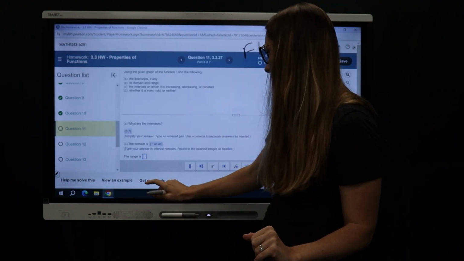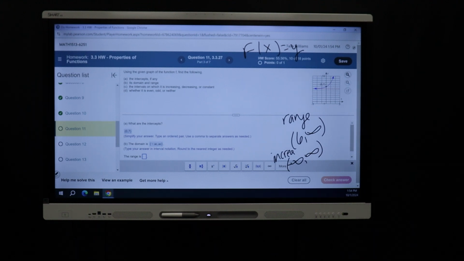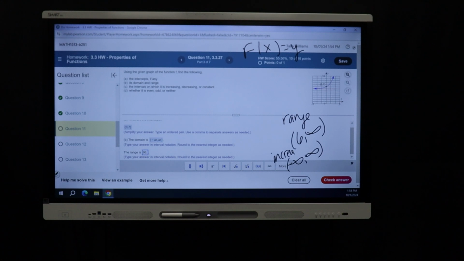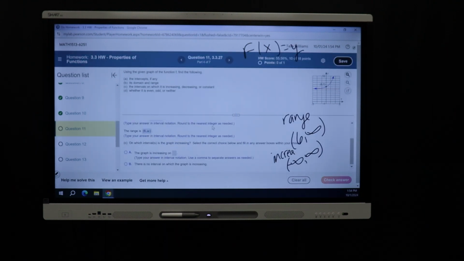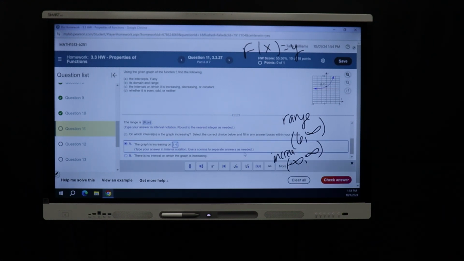Okay, so let's go ahead and do this. The range is parenthesis because it's never going to equal that. Oh, parenthesis, not 9. 6 to infinity, because asymptotes are where it's undefined. That'd be like our fraction rational ones that we were solving domain and range for. There's something there that prevents it from equaling that. Okay, the graph is increasing always.